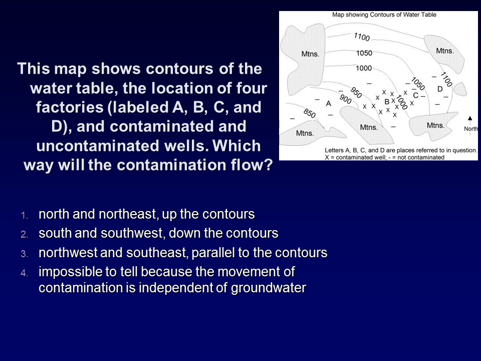Okay, so everywhere you see an X is a contaminated well. Everywhere you see a dash is a non-contaminated well. Our factories are labeled A, B, C, and D. So you want to take a look at the contours and figure out, according to these elevations, what direction would the water flow?